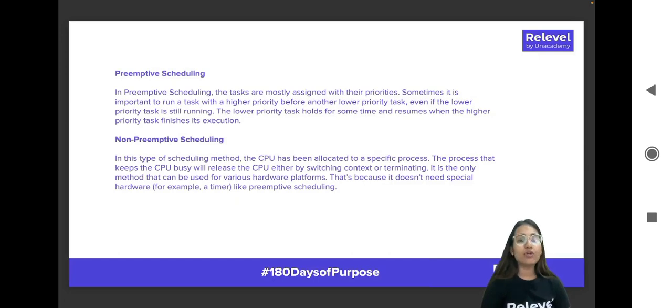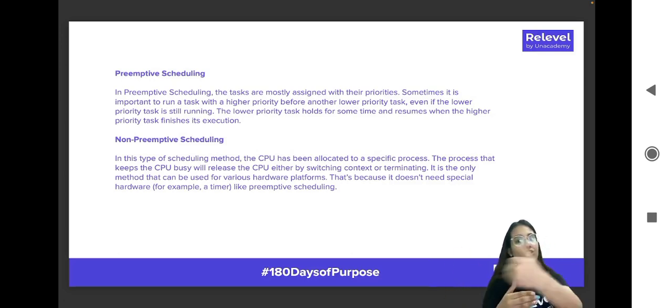Similarly, you can also take an example of an ambulance. When you're going down the road, and let's say an ambulance is also going down the same road. But since the priority of an ambulance is more, the ambulance is allowed to pass through first amongst other cars.